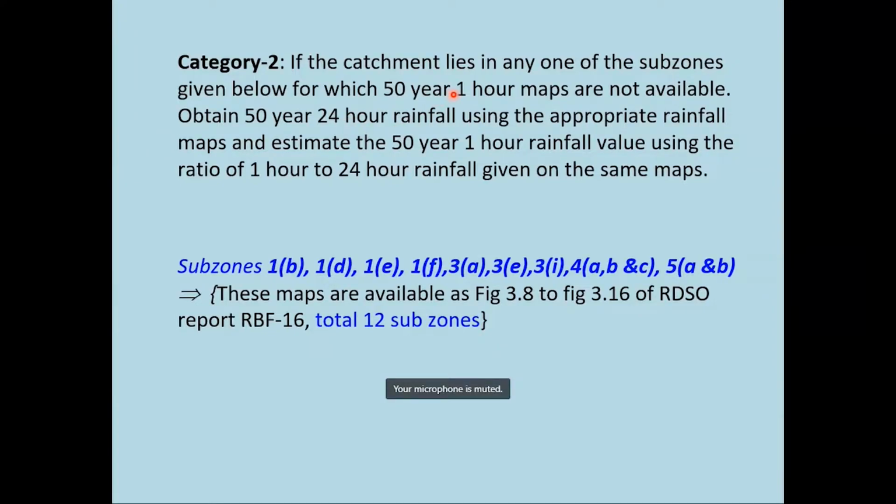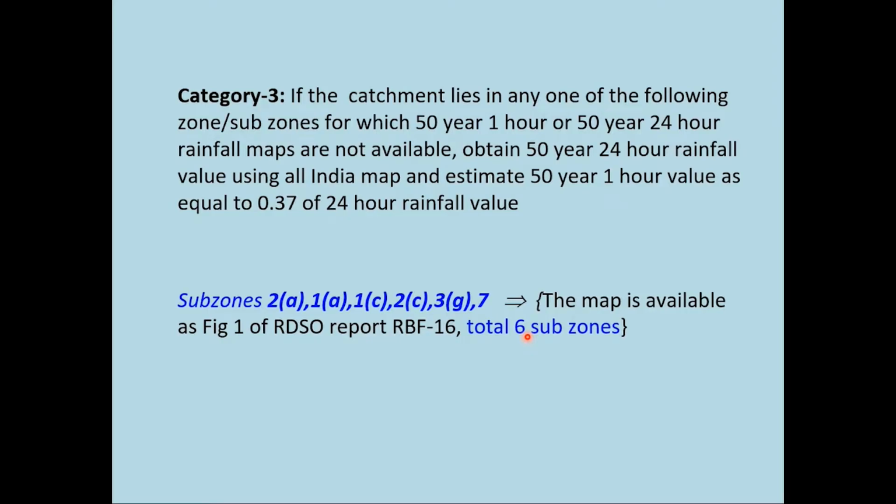So how to arrive at the 50-year 1-hour rainfall? A ratio has been given in those sketches, those maps, where by multiplying that ratio, the 24-hour point rainfall gets converted into 1-hour point rainfall. Still there will be 6 subzones where neither 1-hour rainfall nor 24-hour rainfall has been given.